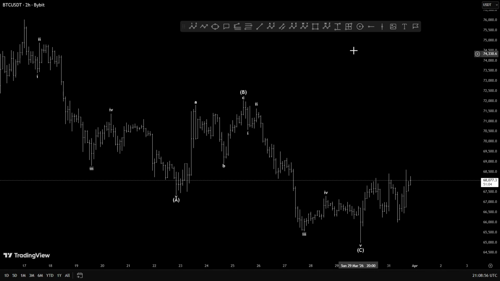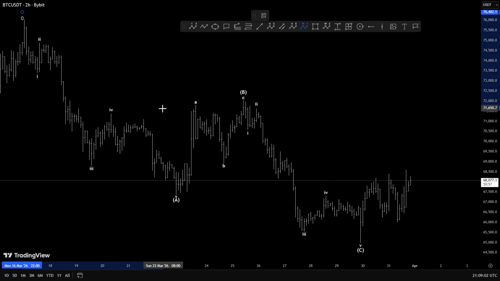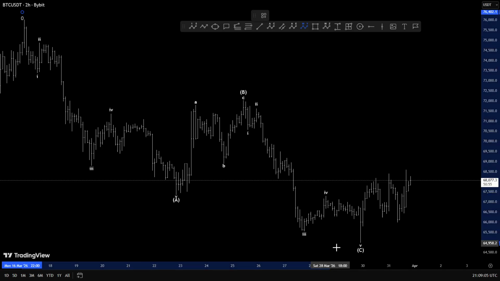And what we see forming in the market right now is what is called W. After the completion of the zigzag pattern, we have W, and this structure becomes W because the W structure's subwave is in 3, and this is A, B, and C, which is 3.